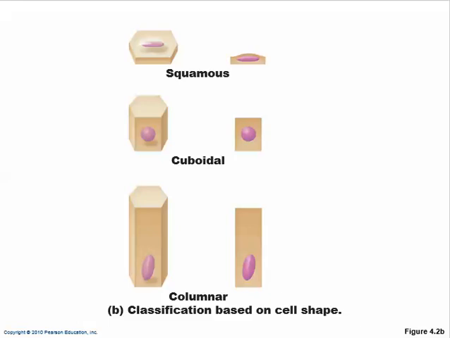So if you put these things together, you can get a stratified squamous, you can have a simple columnar, you can have a stratified cuboid. All of these epithelia will fall into one of these characteristics, and these dictate the characteristics of that epithelium. And so we find them in very predictable places.